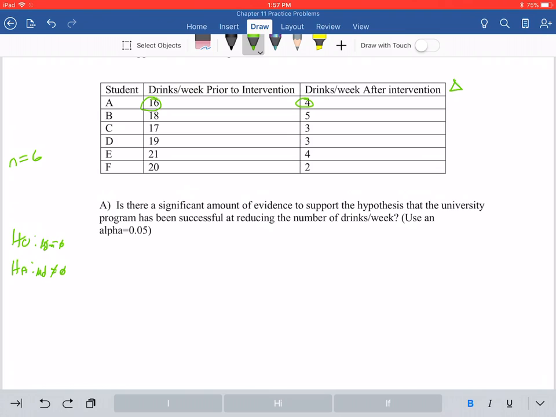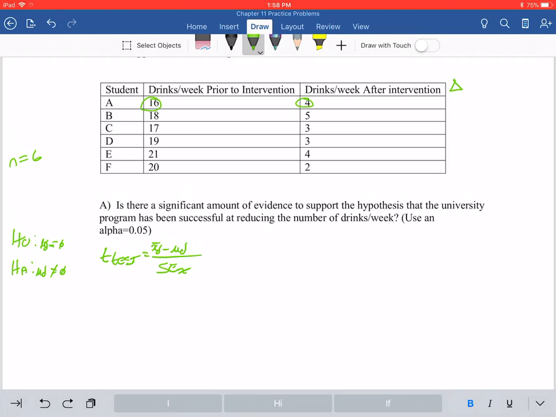So now we have to figure out, is their hypothesis correct in determining that the program has been successful? So for this, we will do our t-test. Our t-test equation is our x bar delta minus mu delta over standard error of x.